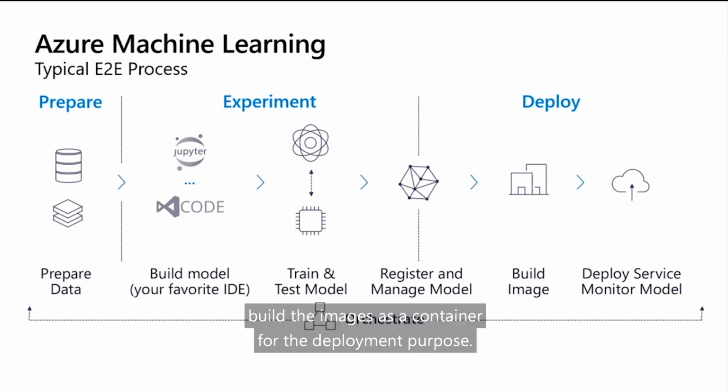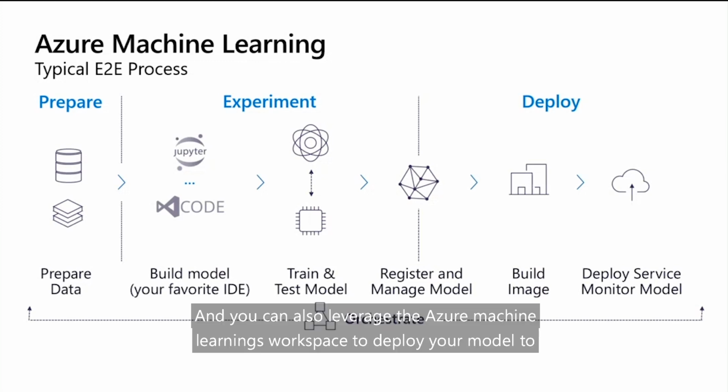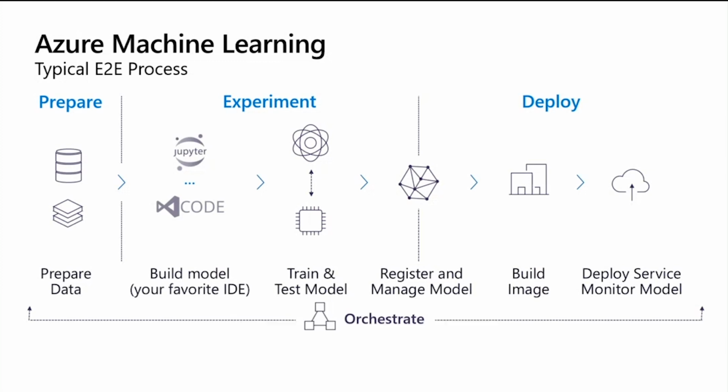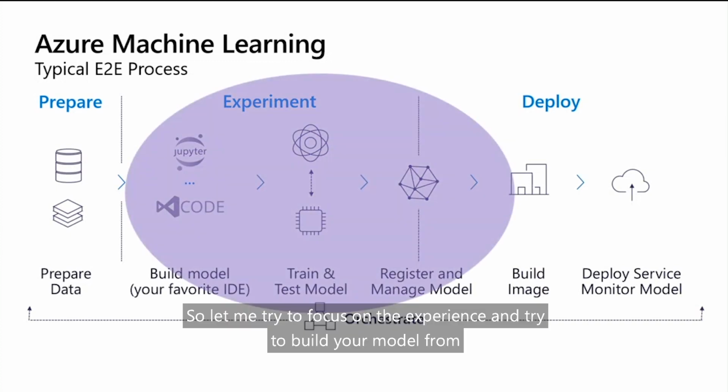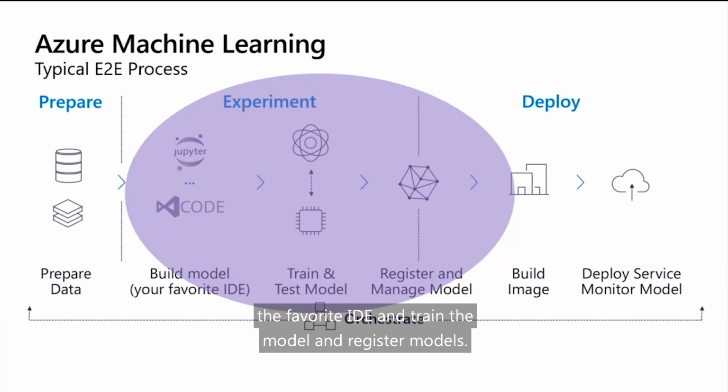Build the images as a container for the deployment purpose. And you can also leverage the Azure Machine Learning workspace to deploy the model to Azure Container Instance, Container Service. So let me focus on the experience of building your model from your favorite IDE, training the model and then registering the models.